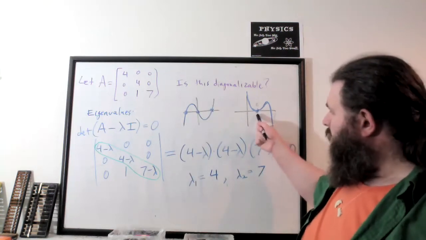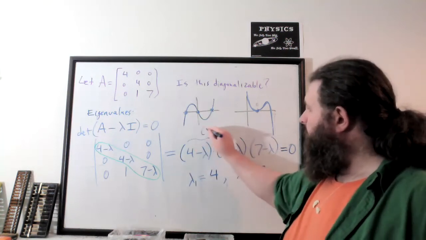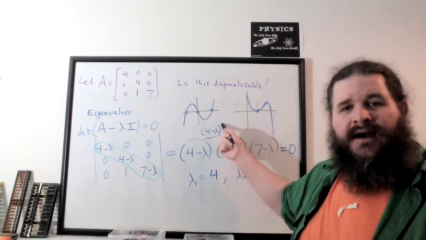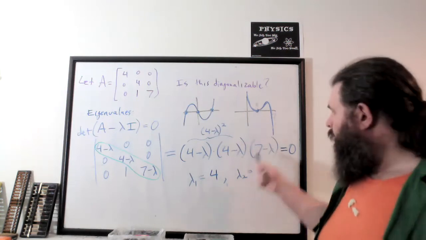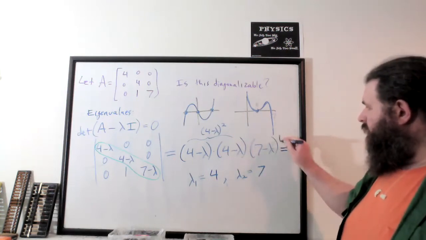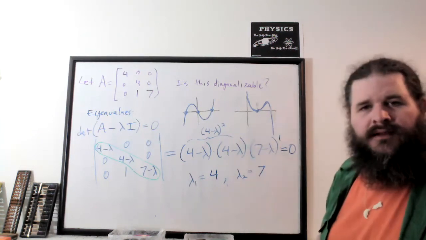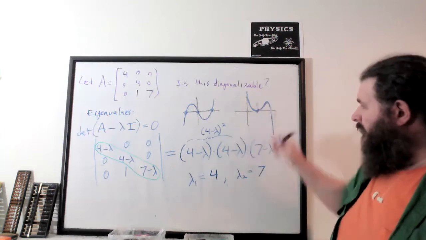And we can tell that's going on because this term shows up twice. We've got a 4 minus lambda squared. Since that term is being squared, it acts like a quadratic near that point. Whereas this term, 7 minus lambda, is just to the first power, so it acts like a linear function near that point. In general, if you've got some factor to an even power, it's going to bounce off.